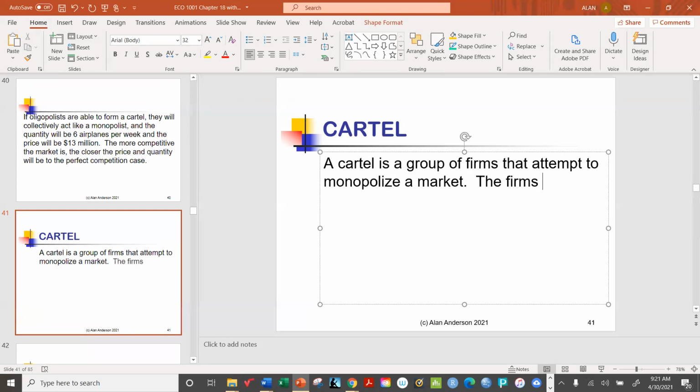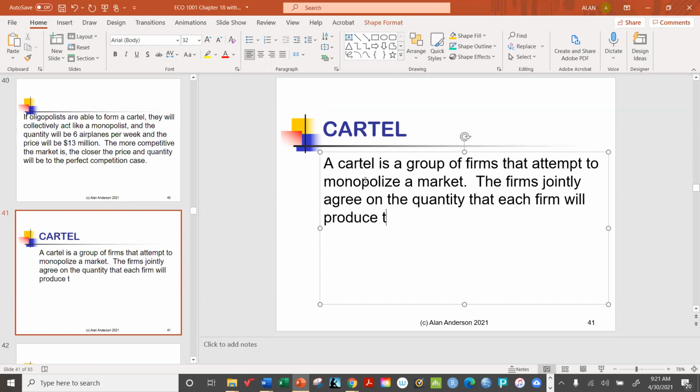The firms jointly agree on the quantity that each firm will produce and the price that will be charged.